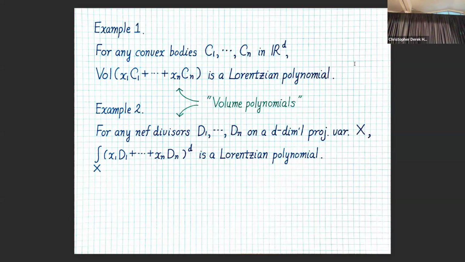And then the statement that this is actually Lorentzian, the partial derivative statement, is in fact almost exactly the same statement obtained for the hyperplane section corresponding to the partial derivative that you want to look at.